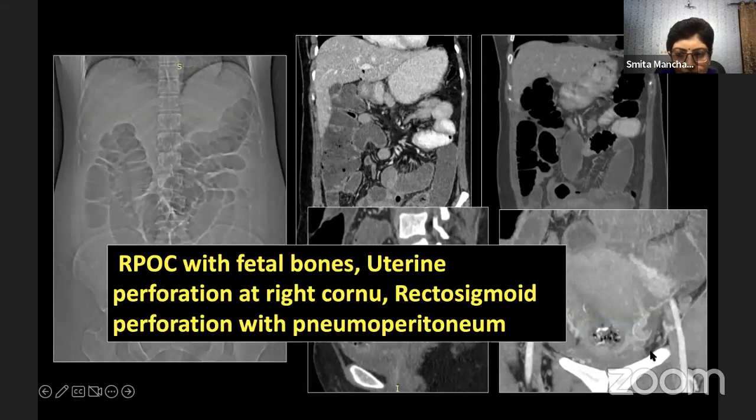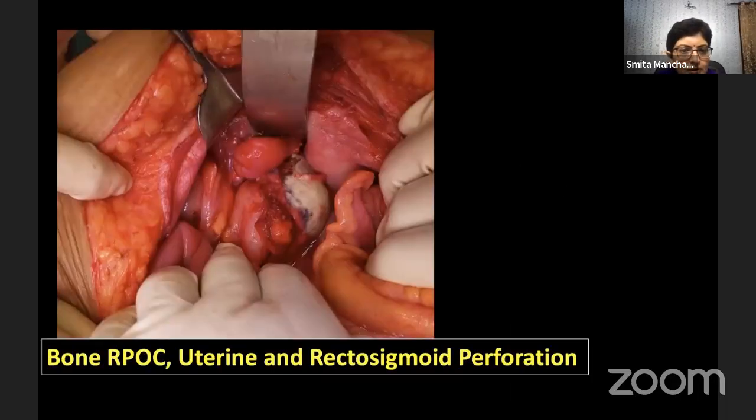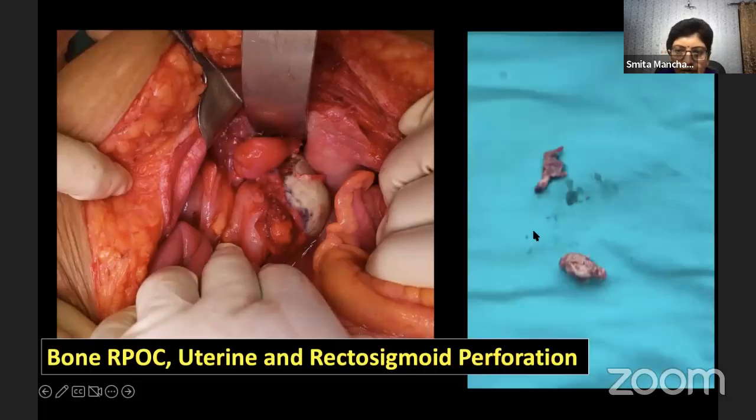So this was actually retained products of conception with fetal bones. There was a uterine perforation at the right cornu, and there was a rectosigmoid perforation, which had led to the pneumoperitoneum. So this was the bony RPOCs, which were these retained products that had been taken out. And there was a rectosigmoid perforation, along with the uterine perforation, which had happened.